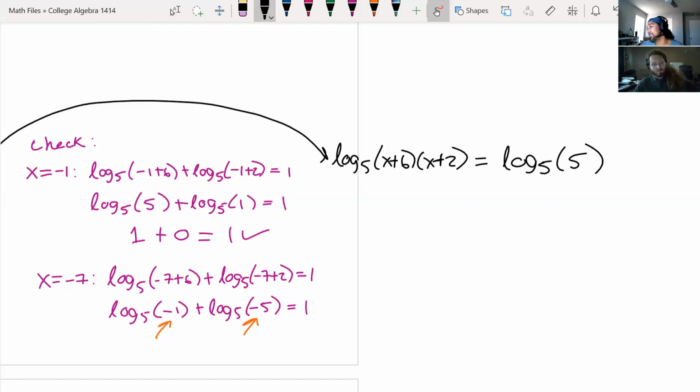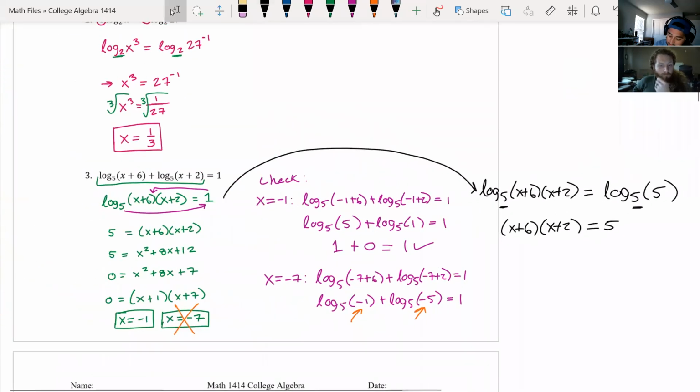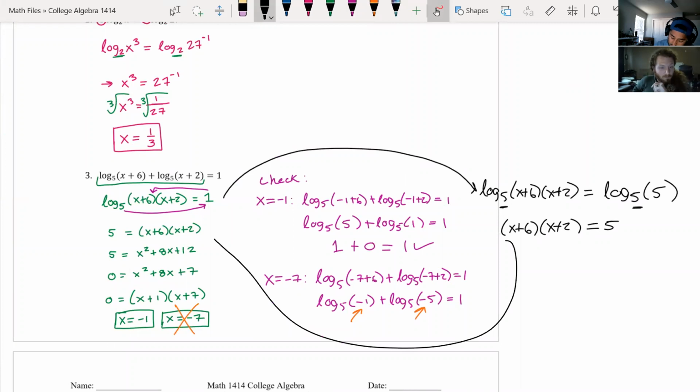We'll dig into that too then. Because then even if you rewrote it as log base 5 of 5 with this one, you'd see that your bases are the same. And you'd end up with (x plus 6) times (x plus 2) equal to 5. And that's exactly what we had over here.